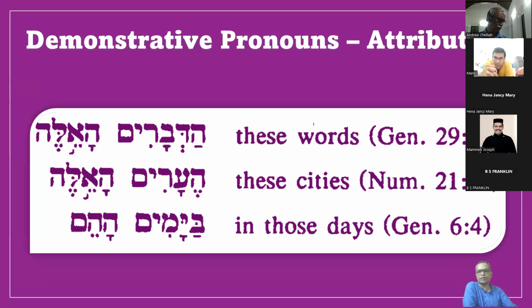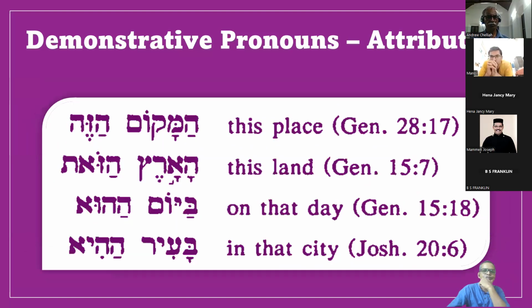These are some more examples. In ha makom haze, ha is for the definite article, right? So why don't we give the translation of the place? That doesn't make sense when we translate it into English.